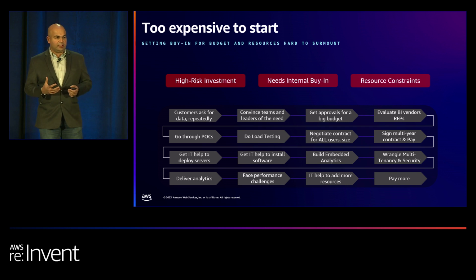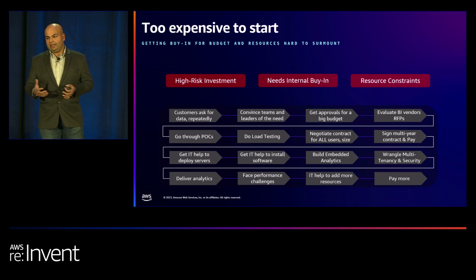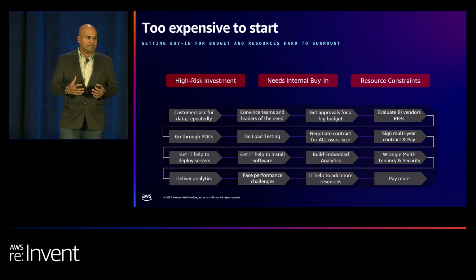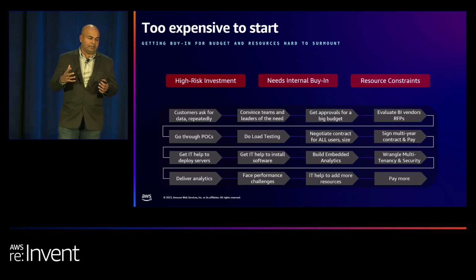Now, those budgets need a lot of approvals, buy-ins internally, and the process often goes like this. You have an RFP process to get the right vendor to add analytics into your application. You evaluate all of them. After a long period of POCs and tryouts, you get that in, you license it, there's a negotiation phase, you get negotiations done, you license it, you contract it, you get IT to deploy the service because often it is server bound.